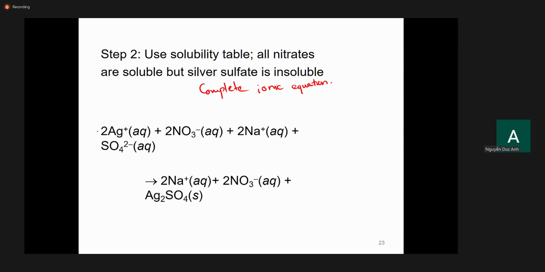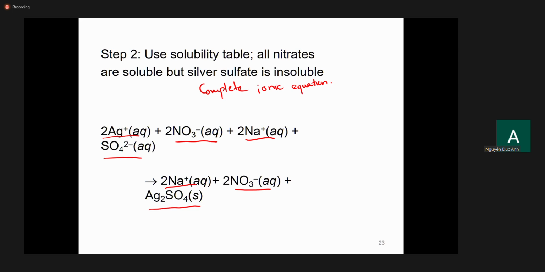So you start with silver nitrate, which gives silver ions and nitrate ions, and another reactant including sodium and sulfate. The products will include sodium, which dissolves because all sodium salts dissolve. All nitrate salts are soluble, so nitrates stay aqueous, and silver sulfate stays as a solid or precipitate.